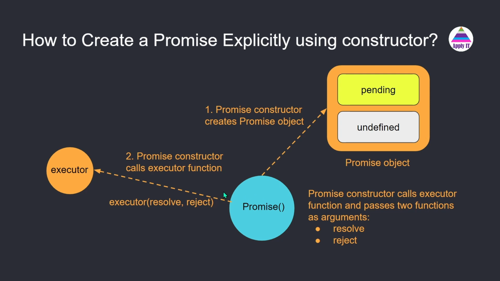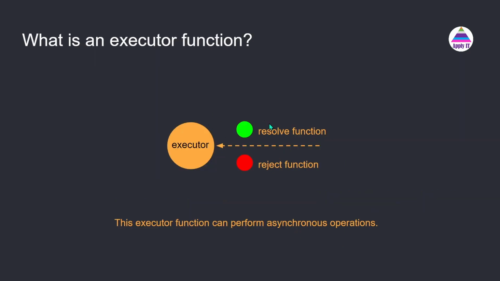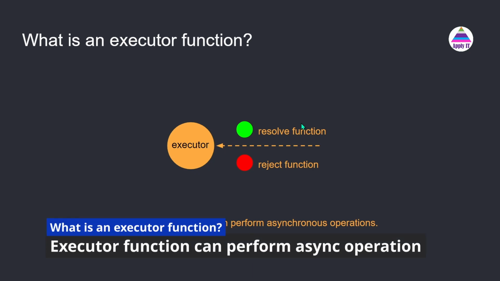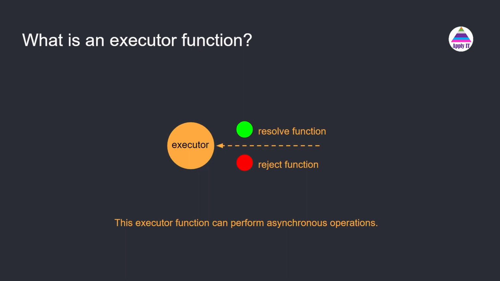So let's see what is the form or structure of that executor function. The executor function will get one function as resolve and another as a reject function. Now the important thing about this executor function is that it can perform any asynchronous operation. That is, after what time we will get the result is not known. So such kind of operation can be performed inside this executor function.